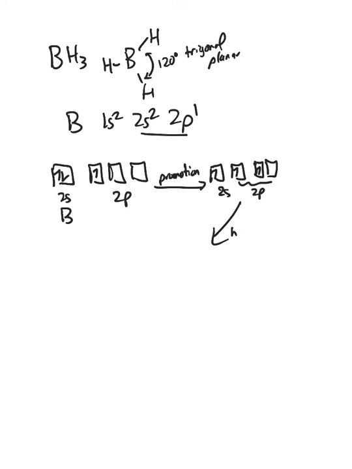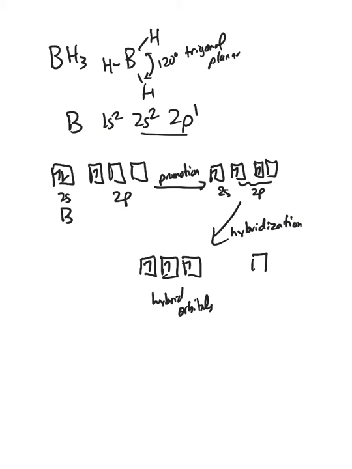And now I'm going to undergo hybridization. Those 3 orbitals that have an electron in each of them will become my 3 hybrid orbitals. And I'll have an empty, unhybridized 2p orbital.